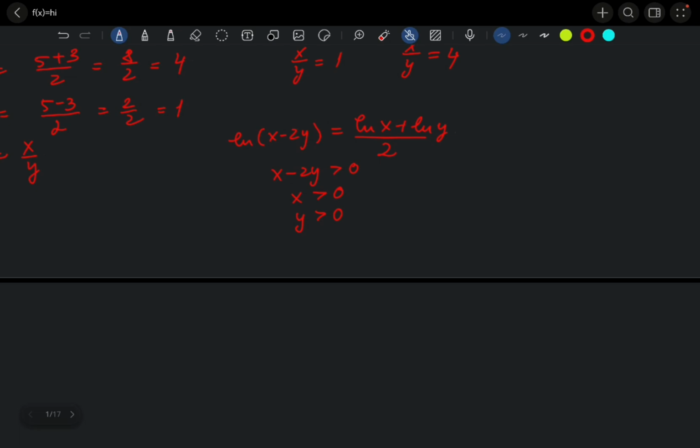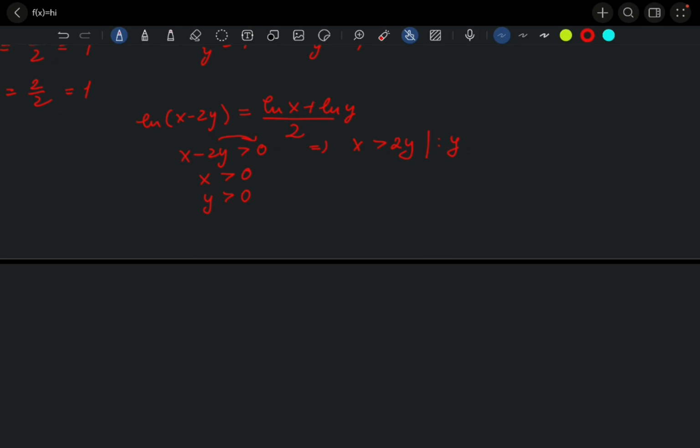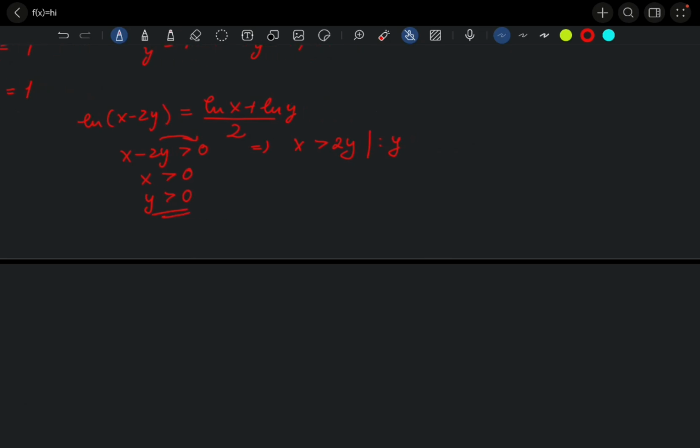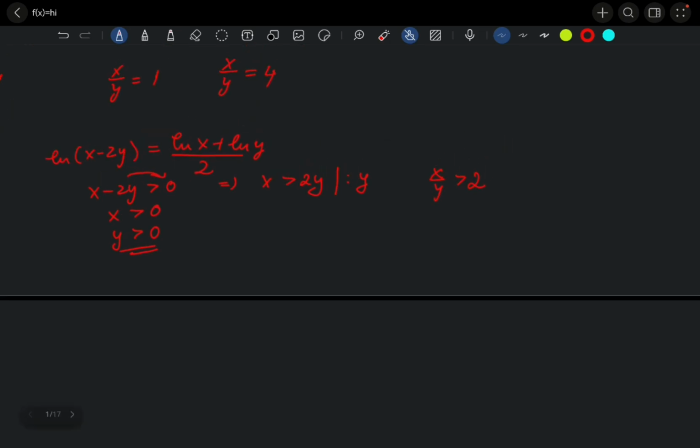From the first inequality, by moving 2y to the right hand side, we get that x must be greater than 2y. Dividing this by y on both sides, we know that y is a positive quantity, so by dividing by it, the sign of the inequality is not changed, and in the end we get that x over y must be greater than 2.